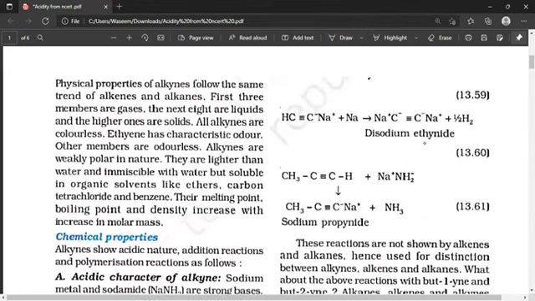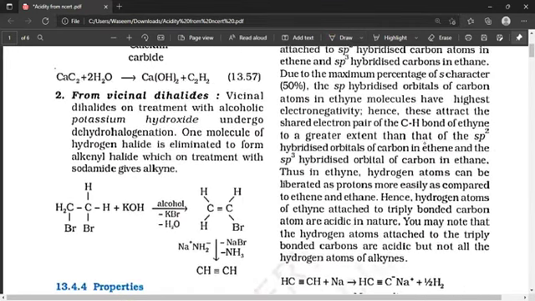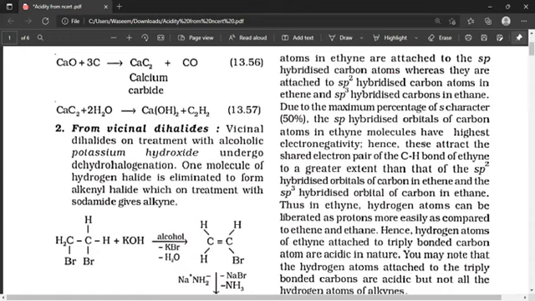Next, look at what he is explaining. In the case of ethyne, the hydrogen is attached to an sp carbon, whereas in the case of alkene it is sp2 and in the case of alkane it is sp3. Due to the maximum percentage of S character, that is 50% S character, electronegativity increases. See here, highest electronegativity.